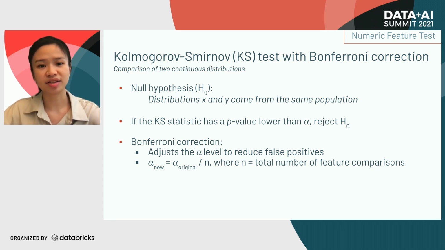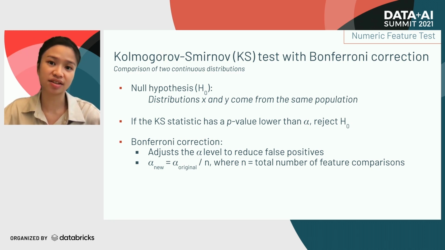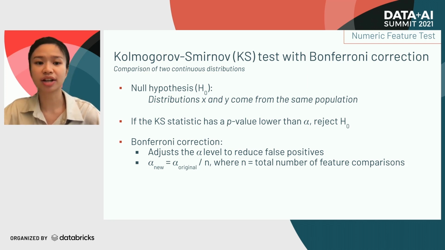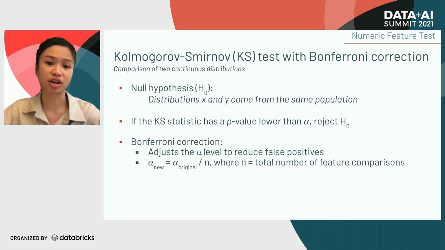The null hypothesis here is that distributions X and Y come from the same population. So if distributions X and Y are different enough at a p-value below a certain alpha significance level, usually 0.05, then we reject the null hypothesis and conclude that distributions X and Y do not come from the same population. Sometimes we might encounter a type 1 error, which is when we reject the null hypothesis when it is actually true.